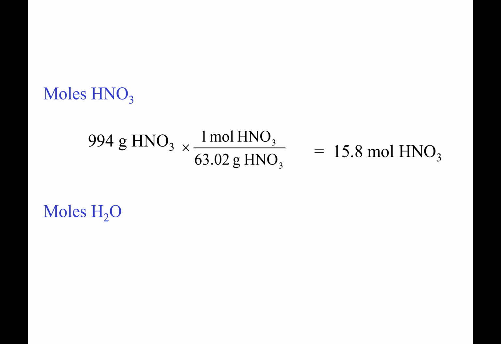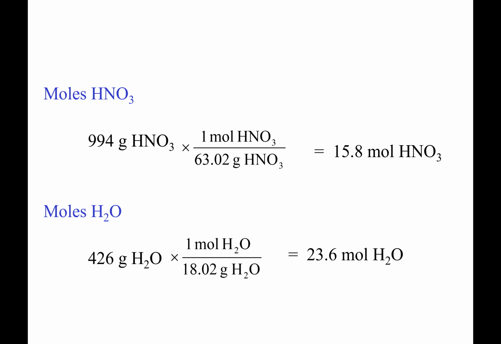These are just kind of pieces we're going to assemble to get our concentrations. Moles of H2O, we're going to take that 426 grams of H2O, multiply it by 1 mole over 18.02 grams. Rounded to 3 sig figs again, you're looking at 23.6 moles of H2O. Now we should be getting different numbers here because it's a different basis.